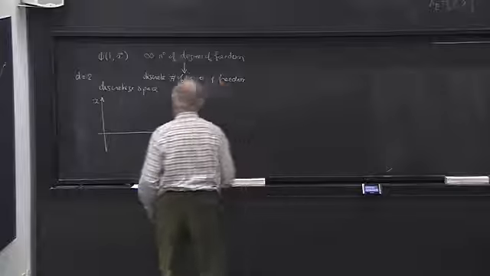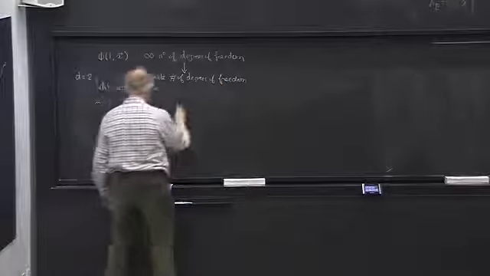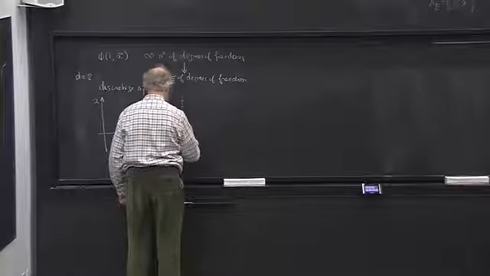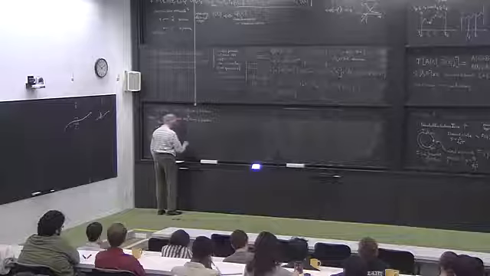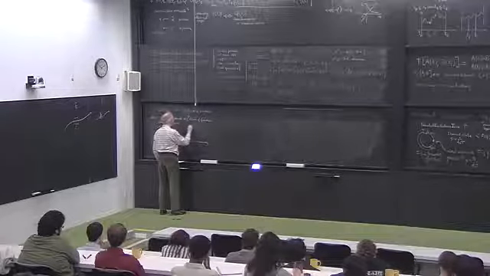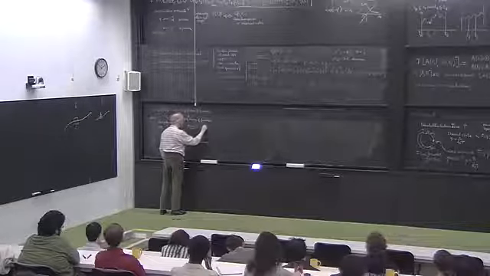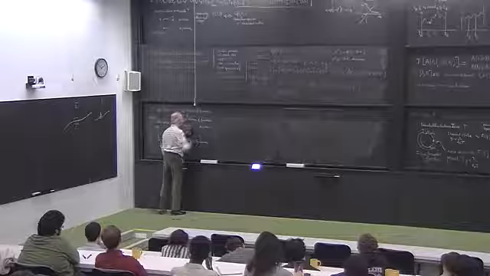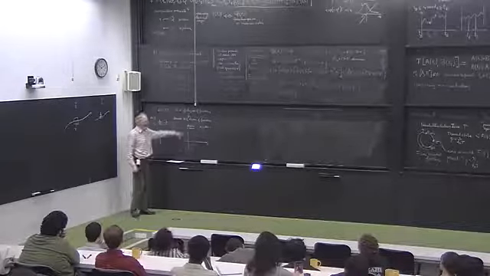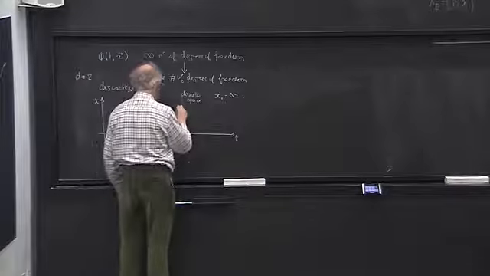Okay. So assume that instead of having a continuum space, you have a discrete space, so a lattice here, a one-dimensional lattice of points with a lattice spacing delta x.